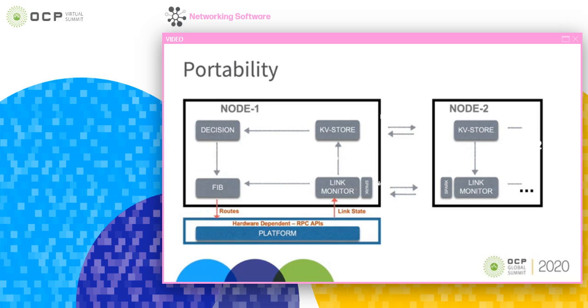One is to feed in the link state information, and the next is to take the routes and program them in the hardware. In the case of FBOSS, the FBOSS agent implements these APIs, which helps us run OpenR on the FBOSS devices. This abstraction allowed us to run the same OpenR binary on different vendor devices.